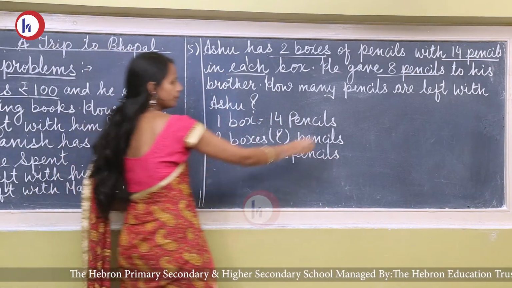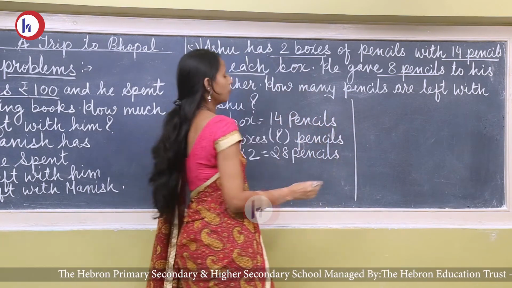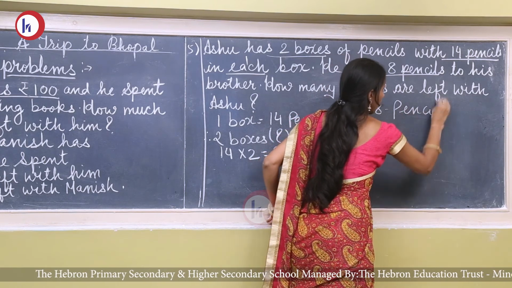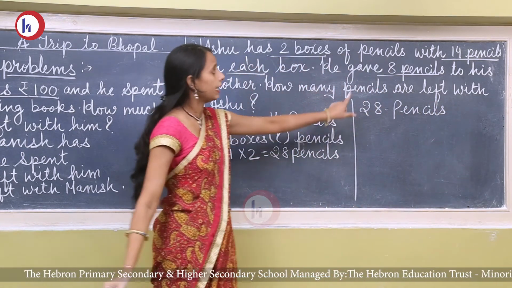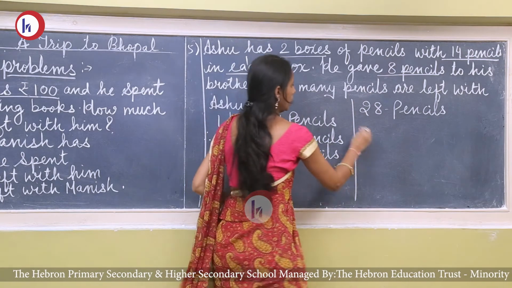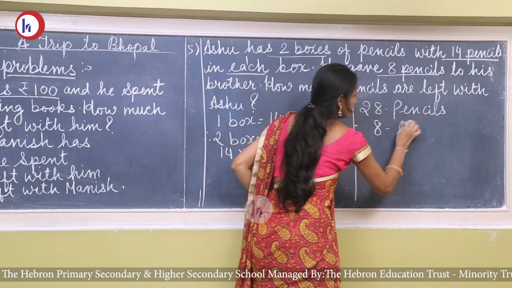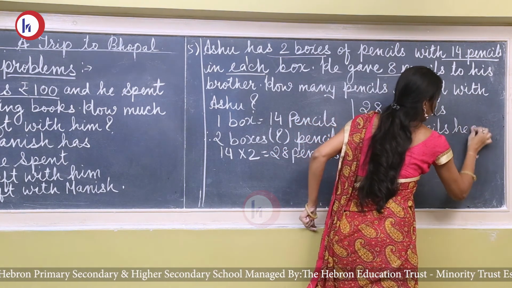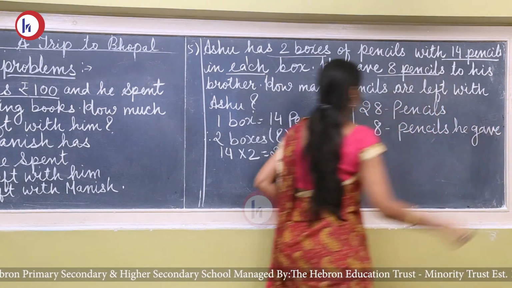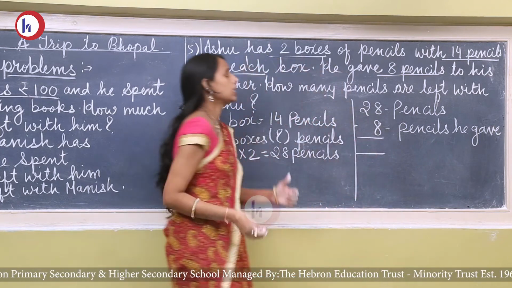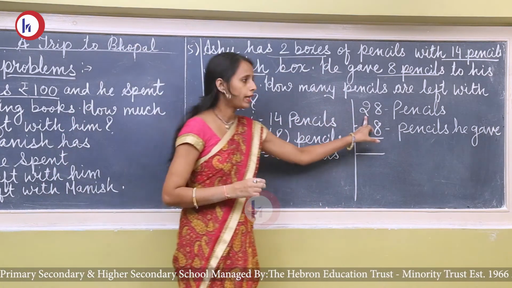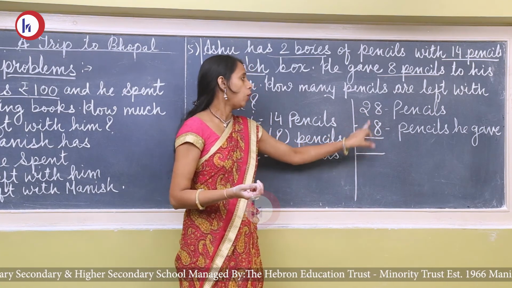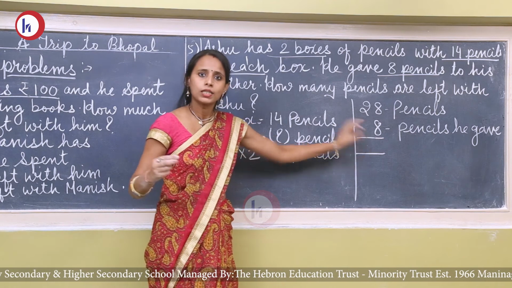Now see, total 28 pencils are there. He gave 8 pencils. Now how many pencils are left with him? 28 pencils he had and 8 pencils he gave. So to find out how many pencils, we have to do subtraction.